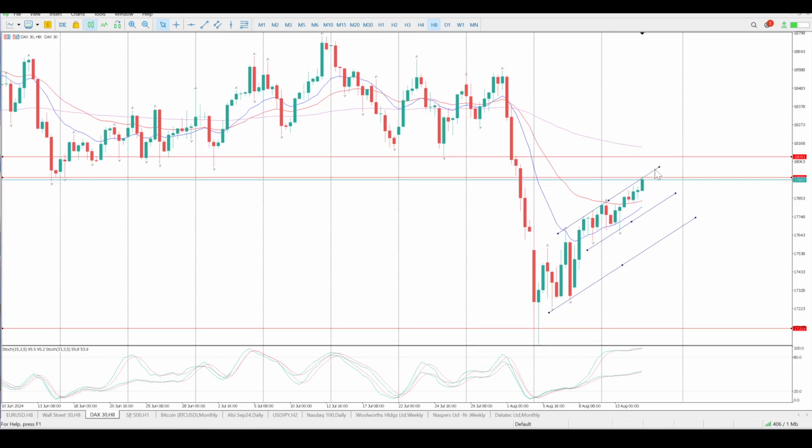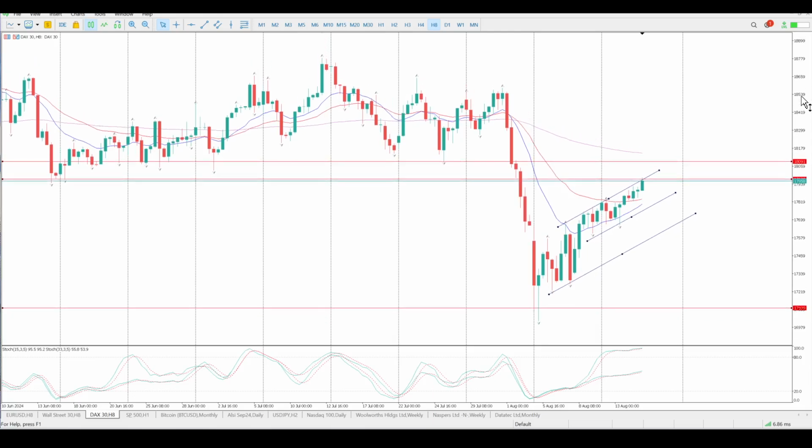This is going to be fairly difficult to get through, and we're going to need some kind of catalyst to drive through. It could be in the data that's coming out, so we do expect more data today and tomorrow, and it could also be driven by a central bank somewhere in Europe. So I'm a little bit cautious.